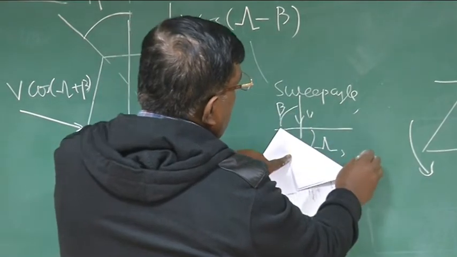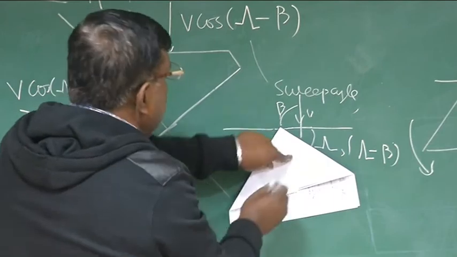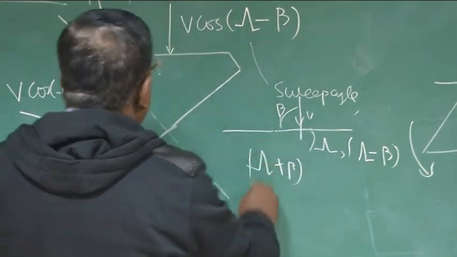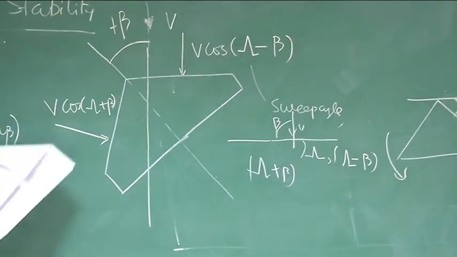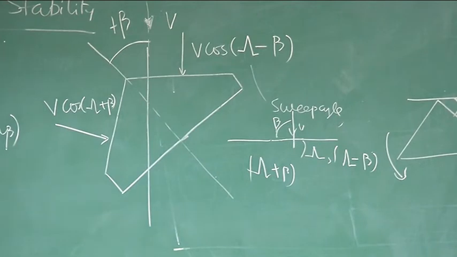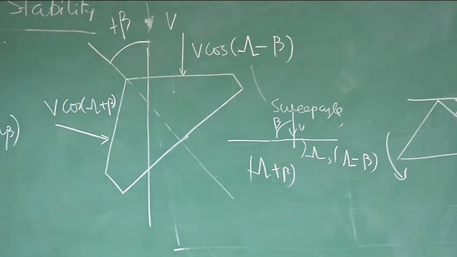So this effective angle becomes lambda minus beta, whereas here it has increased by beta, so it becomes lambda plus beta. Clear? So the moment there is a difference in the normal component of V, you can easily see that this will be more compared to this because of the cos function.